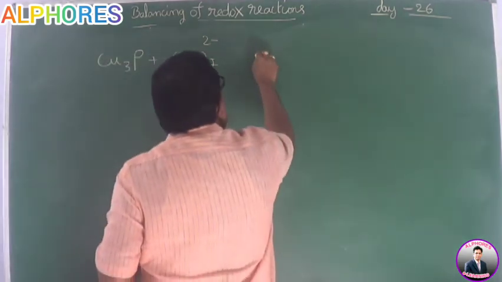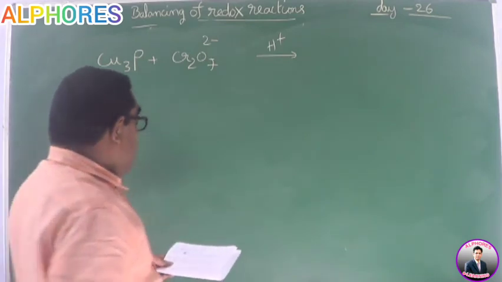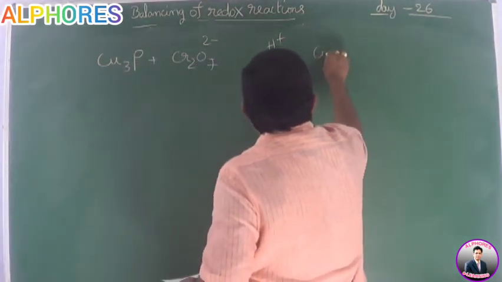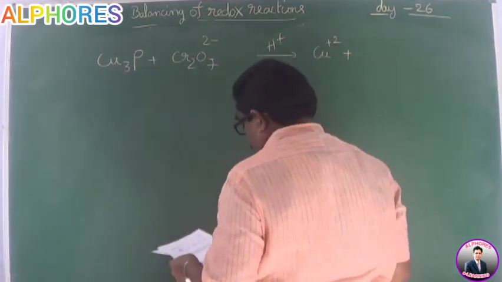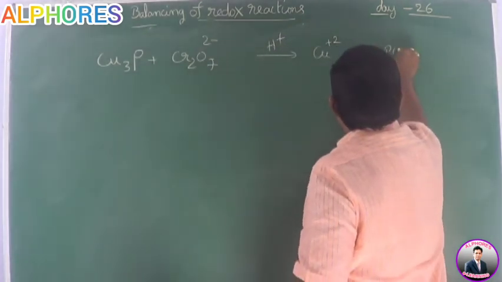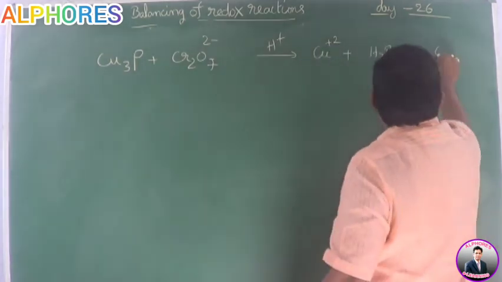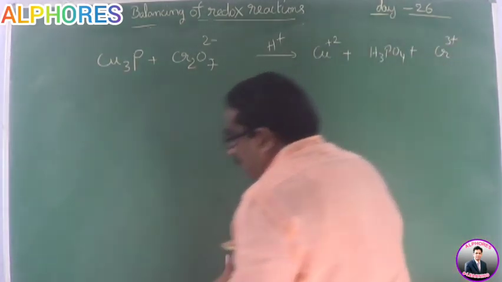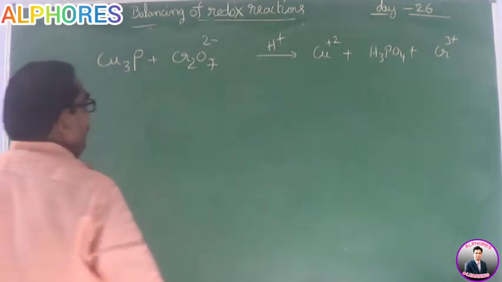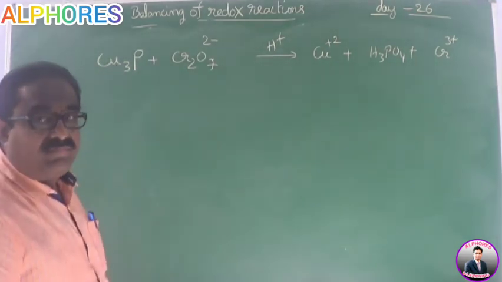This is also given in acidic medium. Here copper is oxidizing to Cu plus 2 and phosphoric acid H3PO4 and chromium 3 plus. This is the skeletal equation for balancing of the redox reaction.